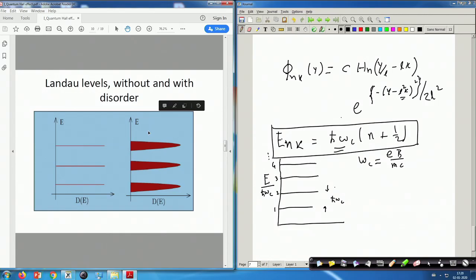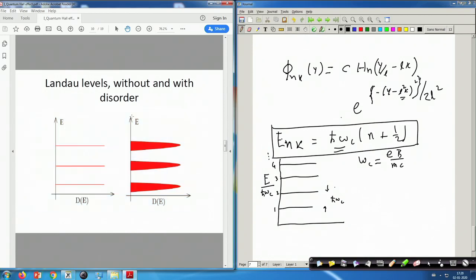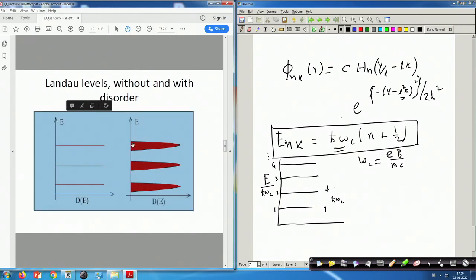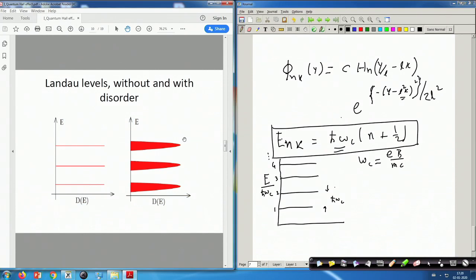The right hand side is actually the picture that you really get in real life, in real systems. This is of course the mathematical theory, the Schrodinger equation solution gives you the left hand side one, but real systems always have disorder, imperfections. So, the relaxation time being very large, almost infinite, cannot be true, and then there are always scatterings, and that scattering will lead to some width of each of these levels, and that is the real life picture.